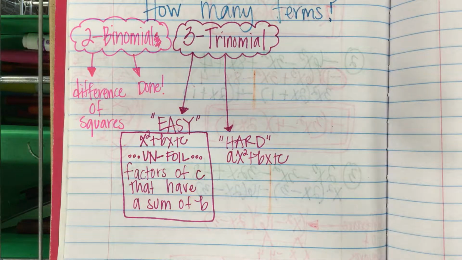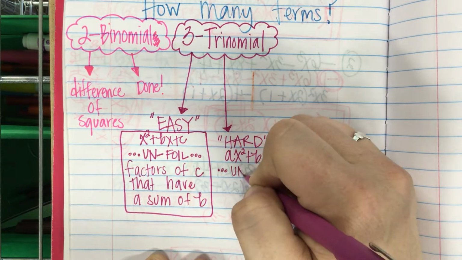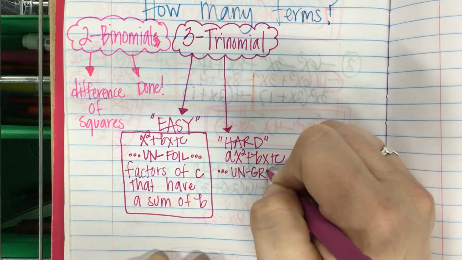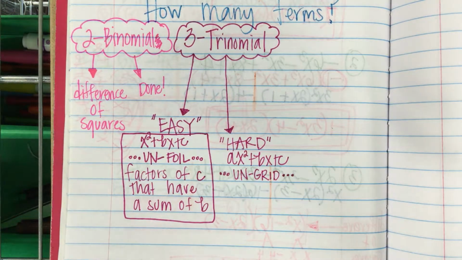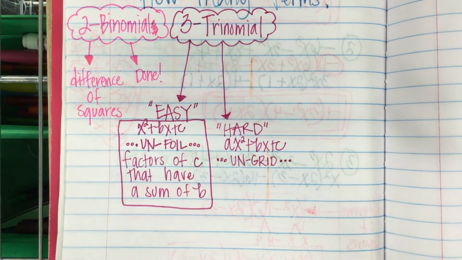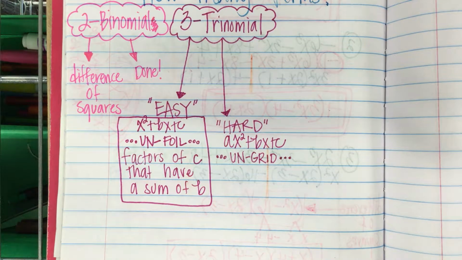To factor a hard trinomial, we ungrid it. X box is a method of factoring. X box is an organizational tool. How do you fill out the information?